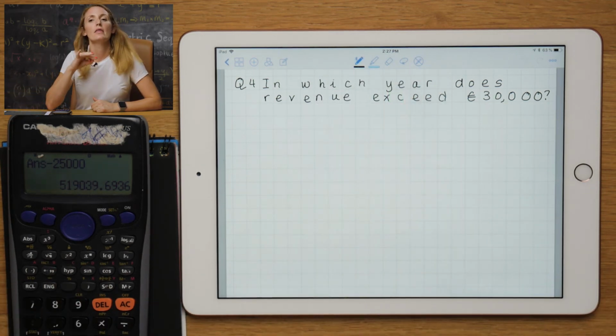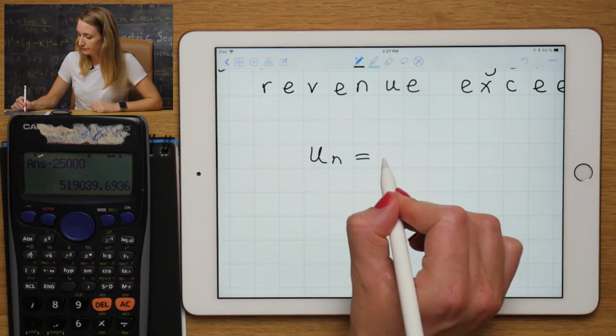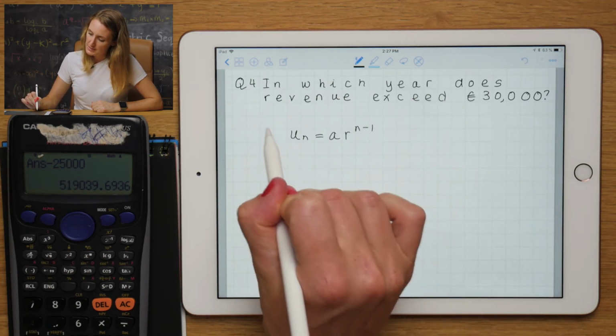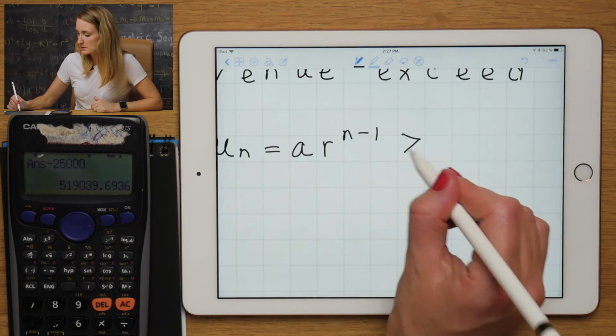Now, with geometric sequences, you need to be really confident with your logs. So if we know the formula, ar^(n-1), that's for a specific value. So when does it exceed 30,000?